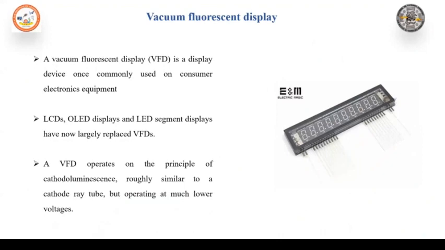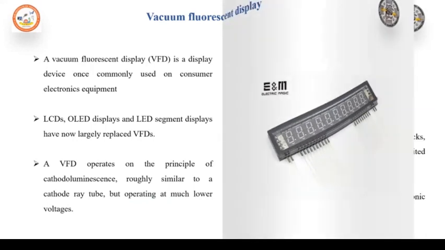LCDs, OLED displays and LED segment displays have now largely replaced vacuum fluorescent displays. A vacuum fluorescent display operates on the principle of cathodoluminescence, roughly similar to a cathode ray tube, but operating at much lower voltages.